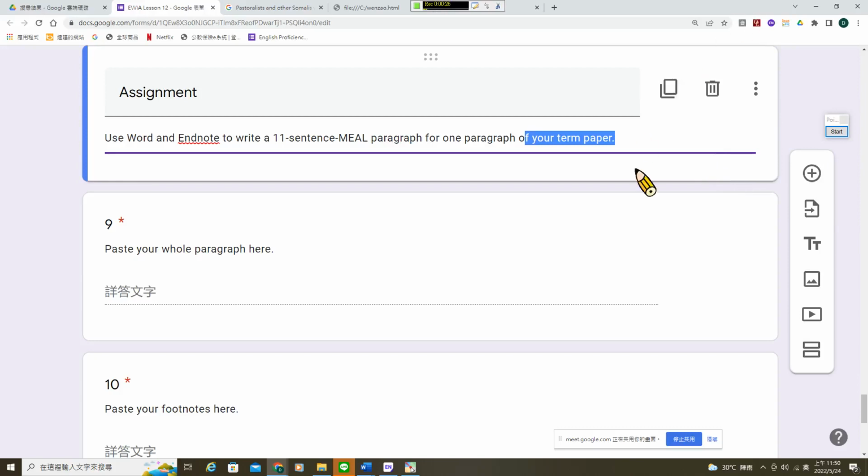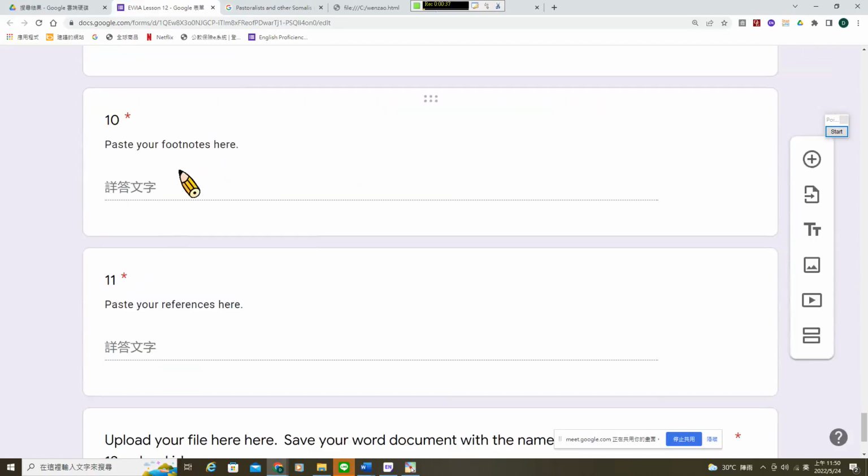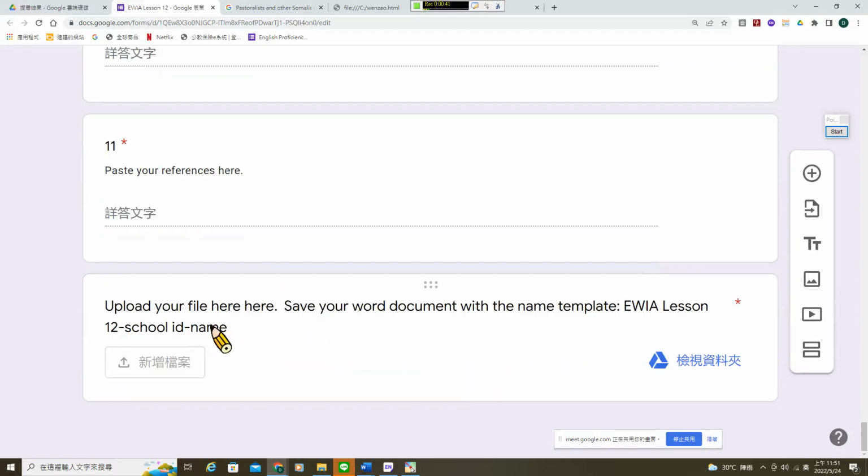So now you may start to think of one of your paragraphs that you want to put. You need to paste your whole paragraph here and paste your footnotes and references here. And by the end, you have to upload your file.